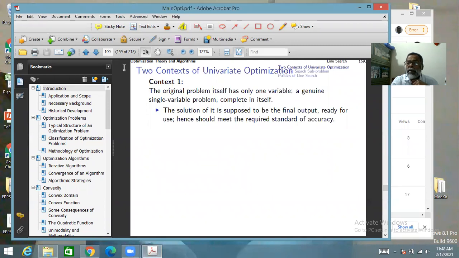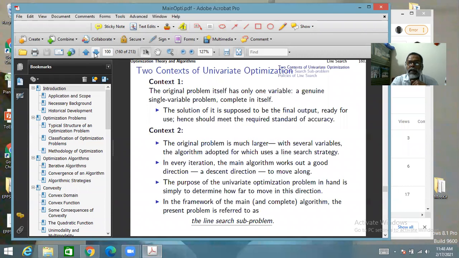However, for a single variable problem, there is another context. It may come not directly from an application perspective, but from a multivariate problem. The original problem is multivariate with several variables, and the algorithm used to solve that big problem uses a line search strategy.